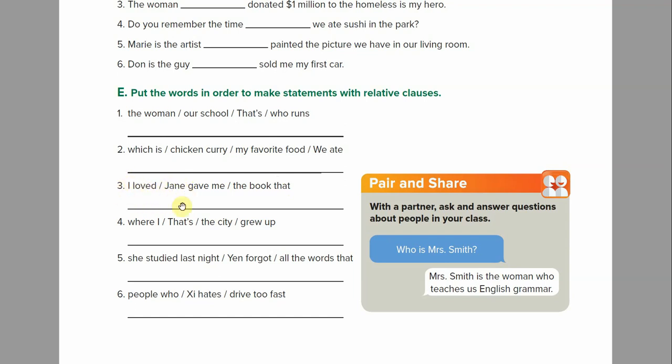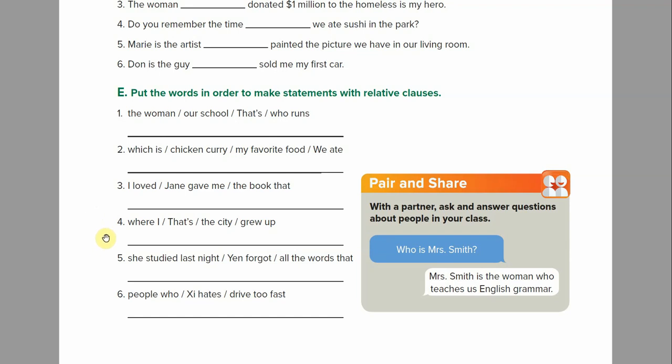We have: I loved, Jane gave me, the book that. I loved is going to be first. I loved what? I loved the book. Which book? That Jane gave me. I loved the book that Jane gave me, period. That's number three.